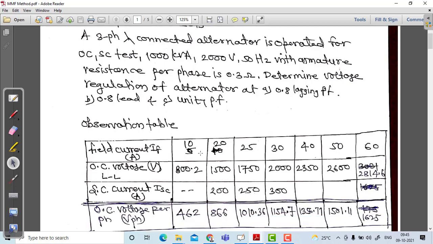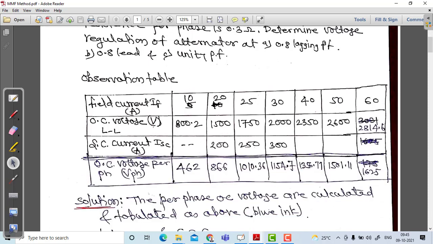The observation table is as follows. Now see the field current in ampere, then the open circuit voltage, line to line values, then the short circuit current. Obviously, as it is star connected, the line value is equal to the phase value. And the last row is the open circuit voltage per phase, meaning divide the second row by root 3, so that you will get this one.